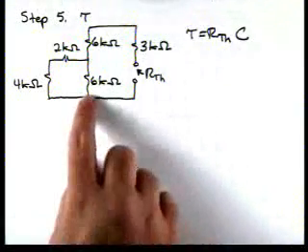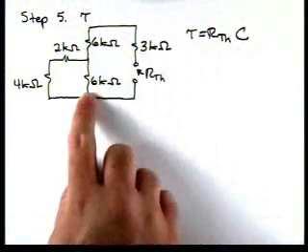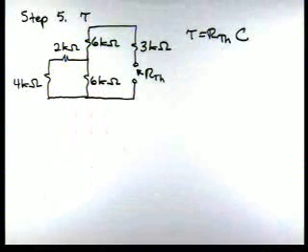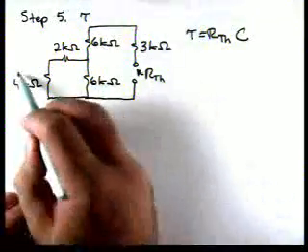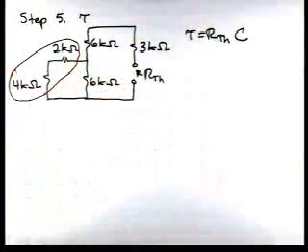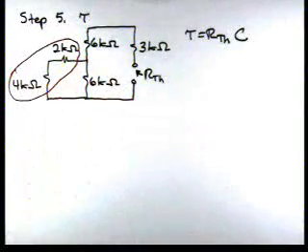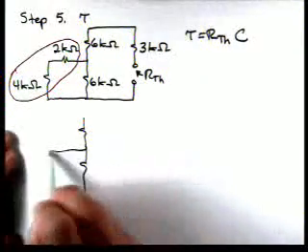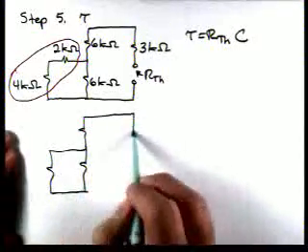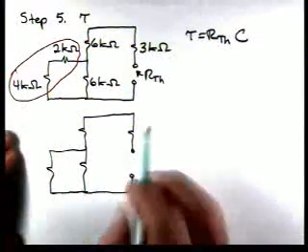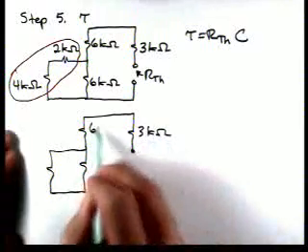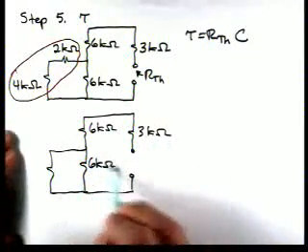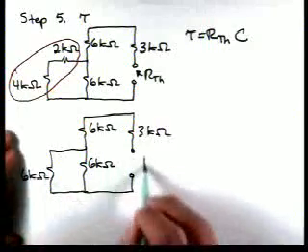Our voltage source we turn to 0, so it becomes a short circuit. Now it's just a matter of doing some resistance combinations. For instance, we have those two in series, so they would become a 6K. So we could redraw our circuit to look like this.